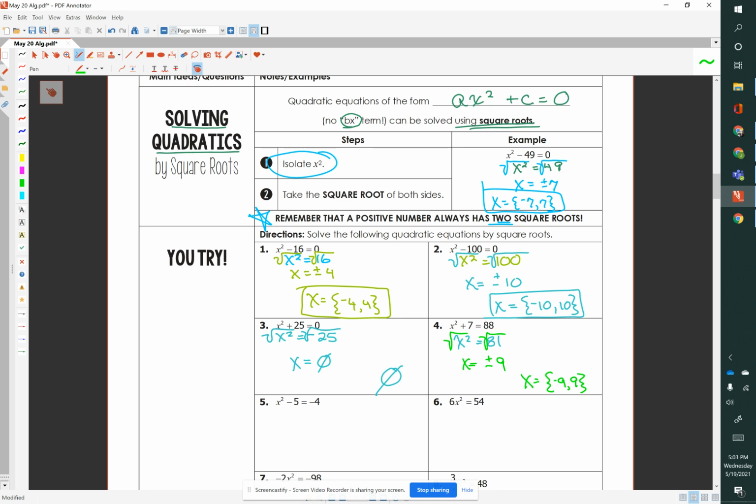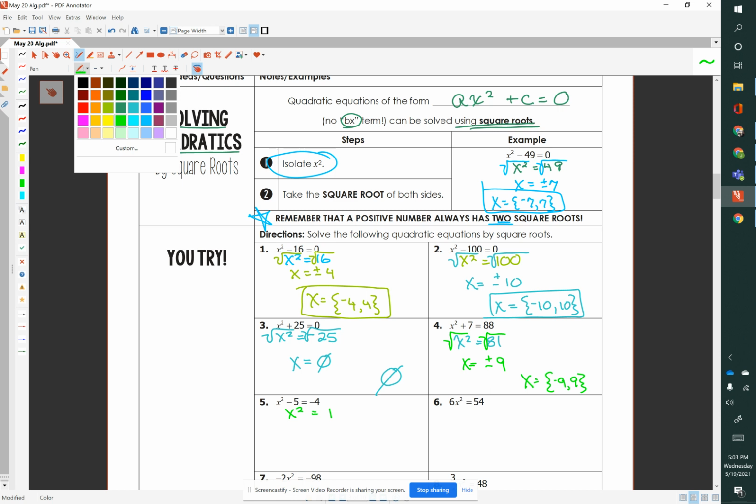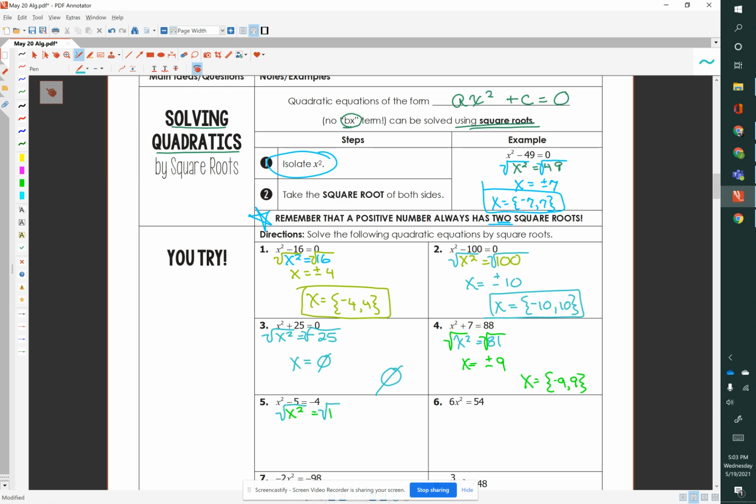Number 5, x squared minus 5 equals negative 4. We're going to add 5 to both sides so that we have x squared equals 1. Take the square root of each side, and x equals plus or minus 1.